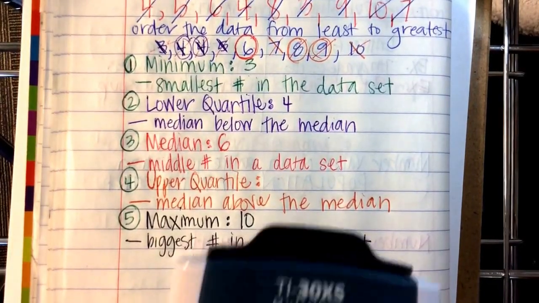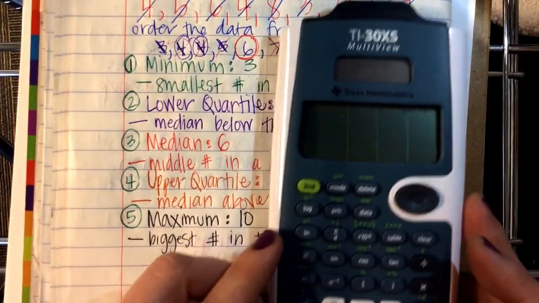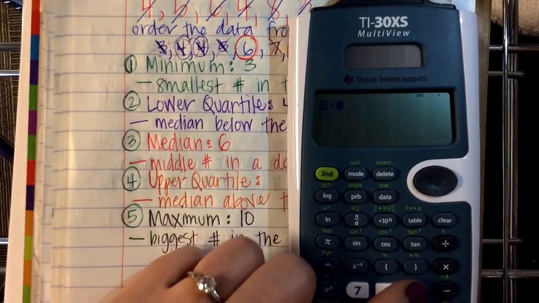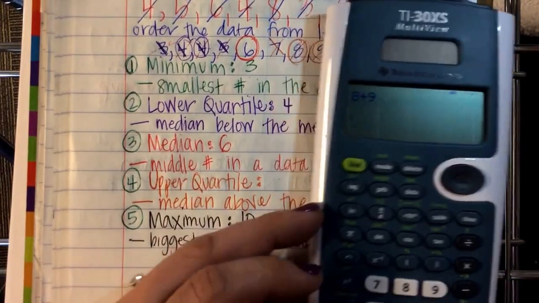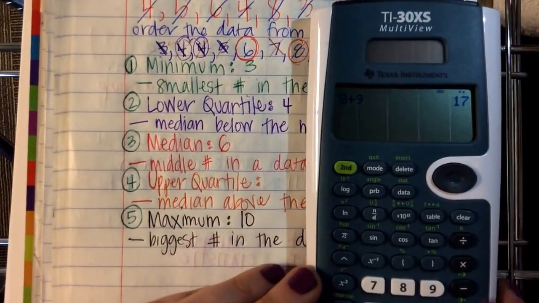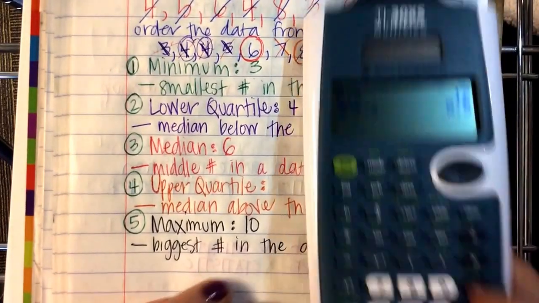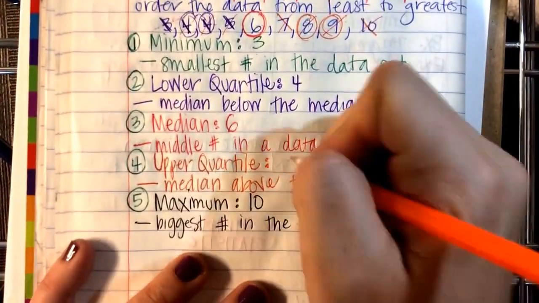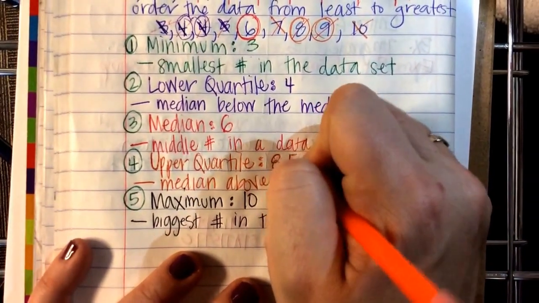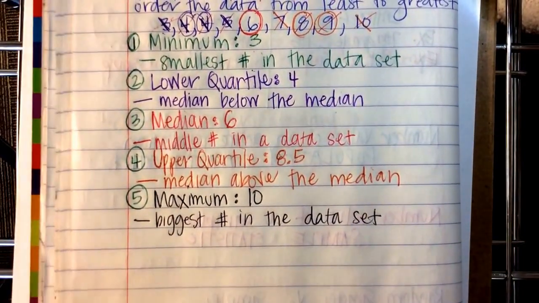So for those of us that need help remembering, we're going to take 8 plus 9, get 17, divide by 2. 8.5.